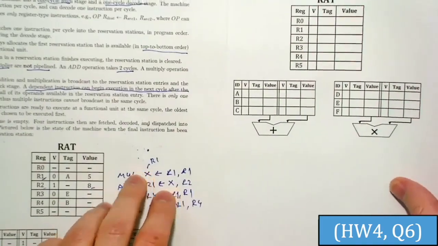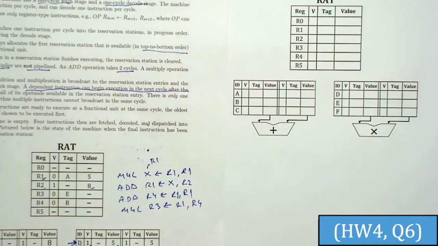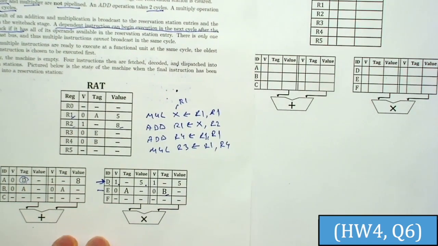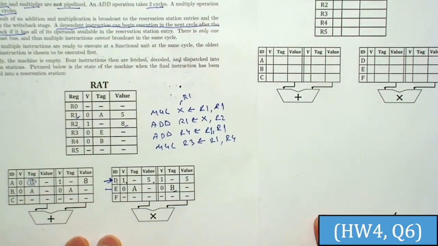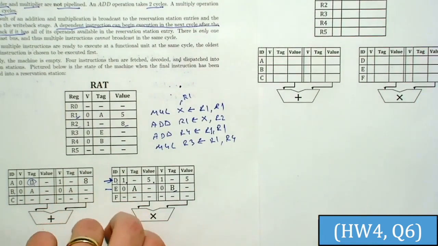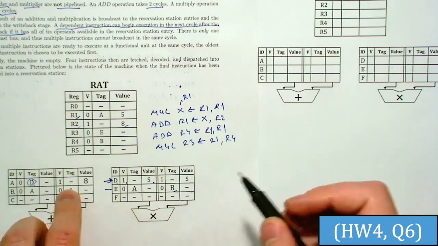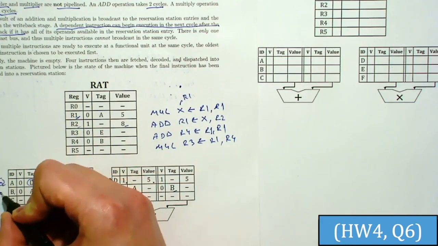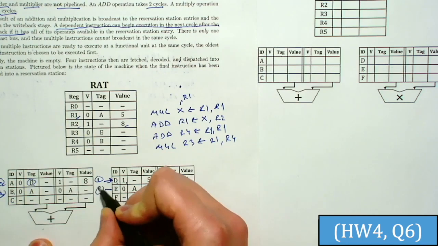Let me see if I can put this side by side. Almost. Okay. I hope you can see it. Okay, at least you can see the first part. Okay, so we know that this was the first instruction, this is the second, this is the third, and this is the last instruction.